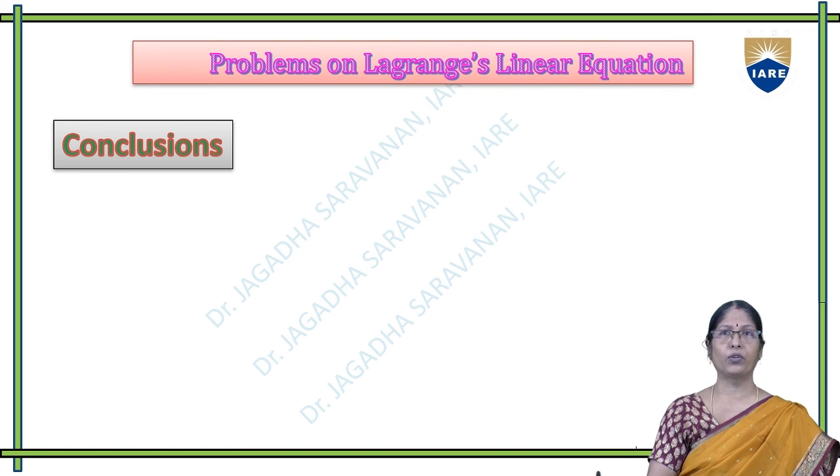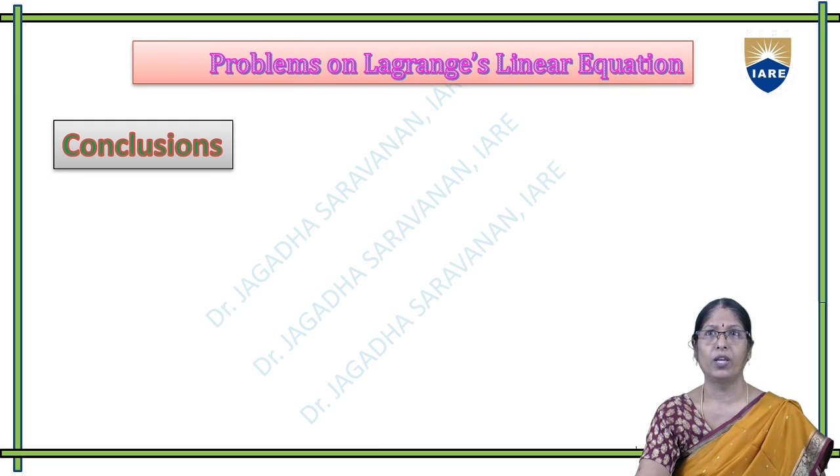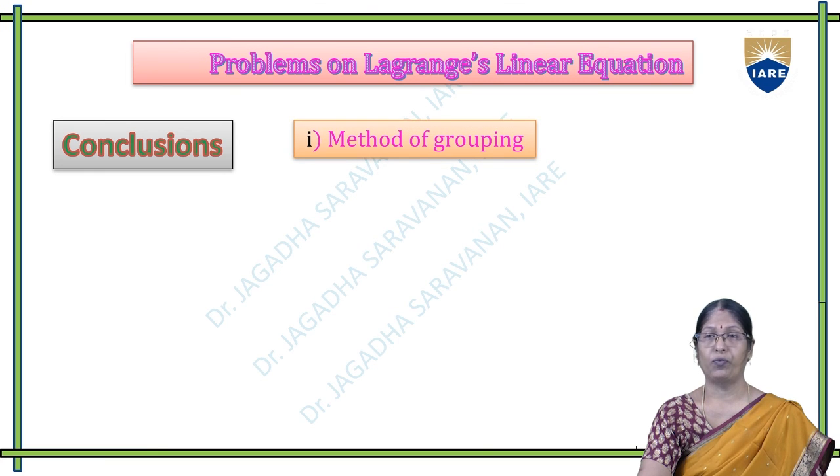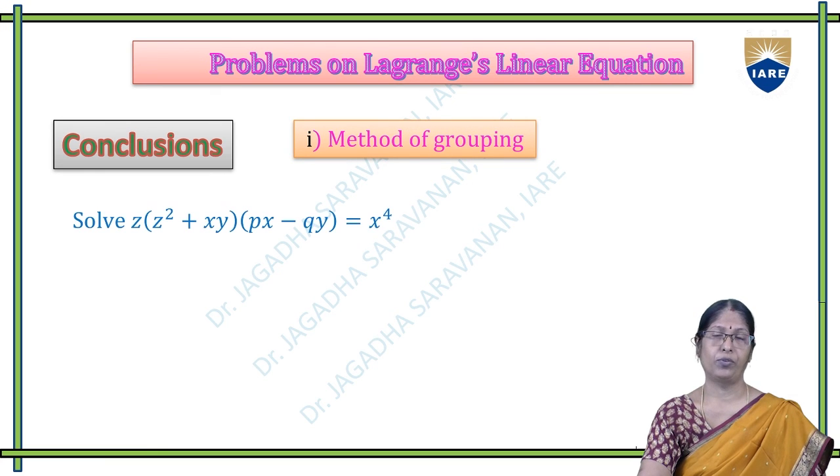So we will come to a conclusion of this topic, problems on Lagrange's linear equation, method of grouping, under which we discussed it. Solve z of z square plus xy of px minus qy, which is equal to x power 4.